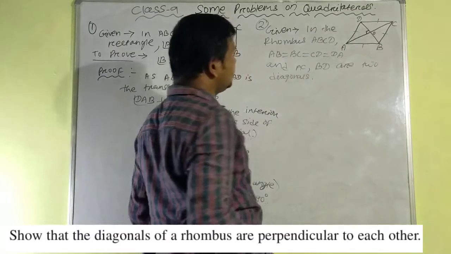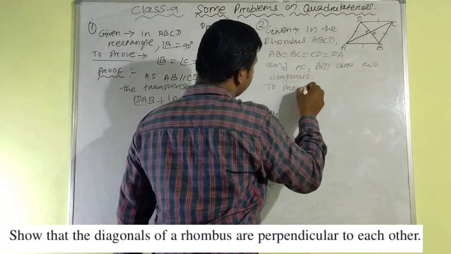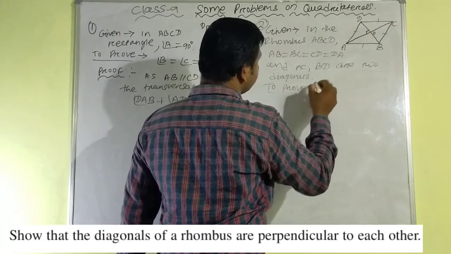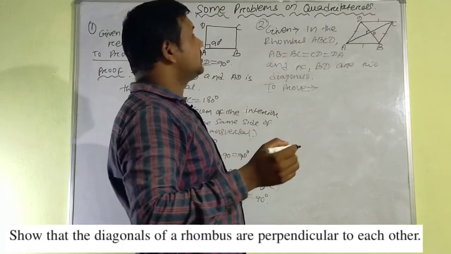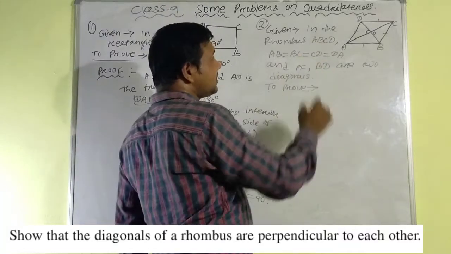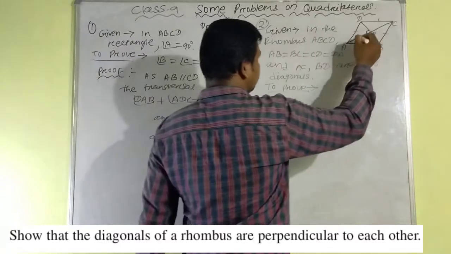Okay, this much to prove: either of the intersecting angles is 90 degrees, that is, the two diagonals perpendicularly bisect each other.